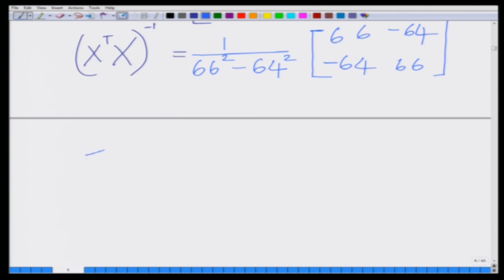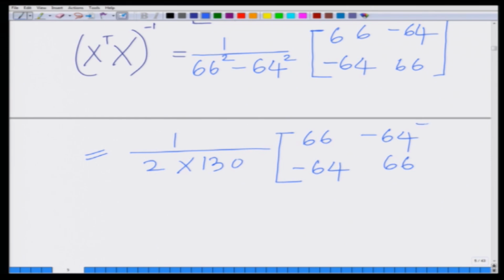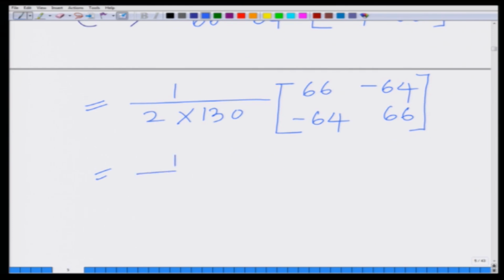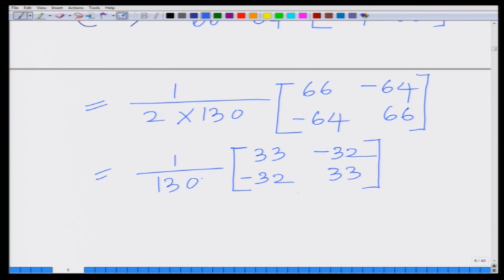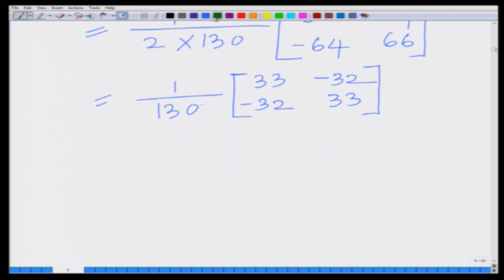And 1 over 66 square minus 64 square is 1 over 66 minus 64, that is 2, times 66 plus 64, that is 130, times 66, minus 64, minus 64, 66, which is now cancelling the 2. I have 1 over 130 times 33, minus 32, minus 32, 33.